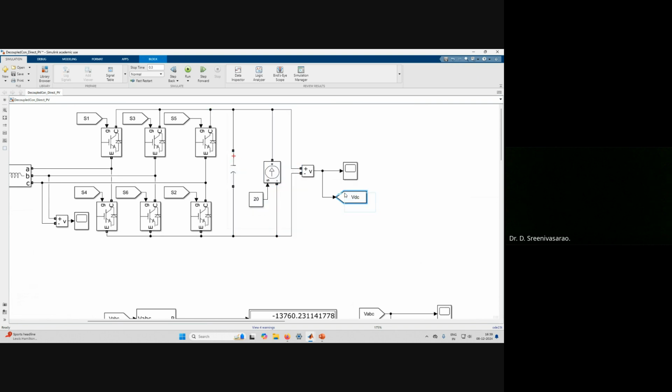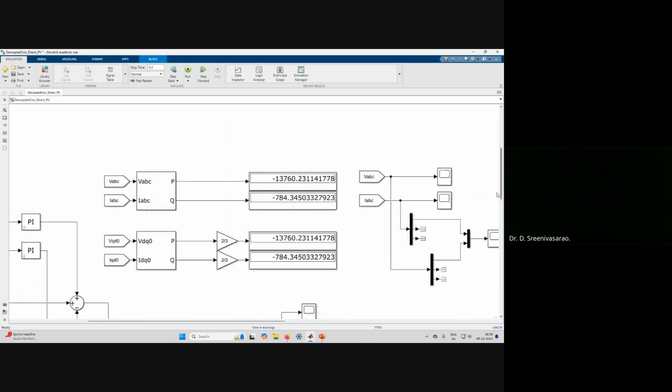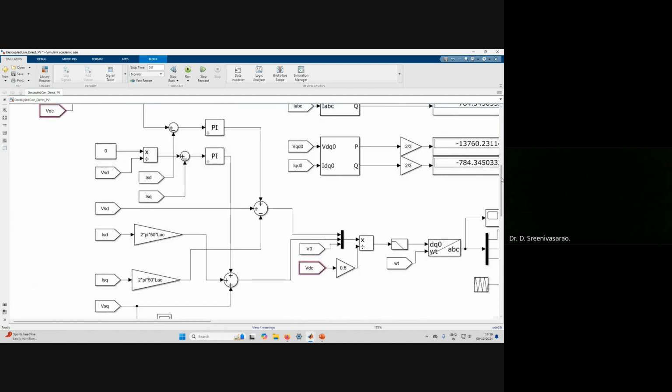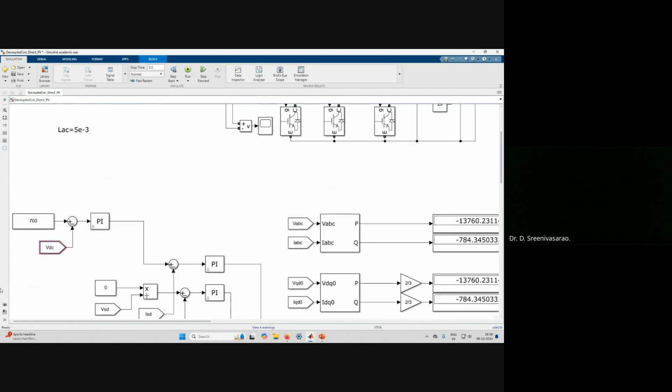This is the VDC sensed one. I want to maintain this DC link voltage at 700 volts. So you compare it with 700 volts, plus minus, and you have a PI controller. This gives you the ID star. As we discussed, this gives you the ID star.